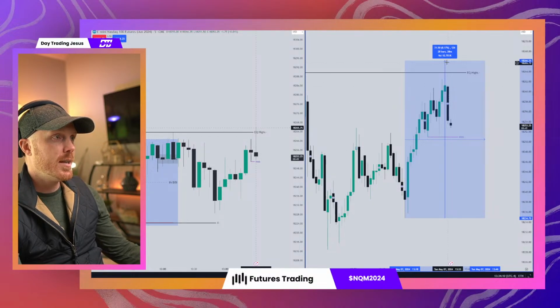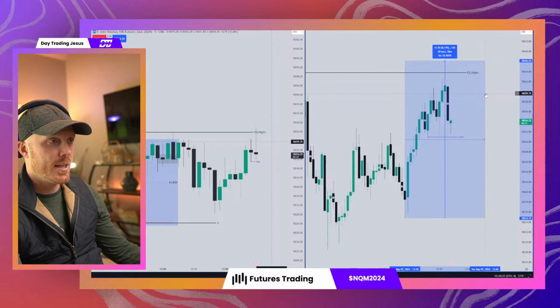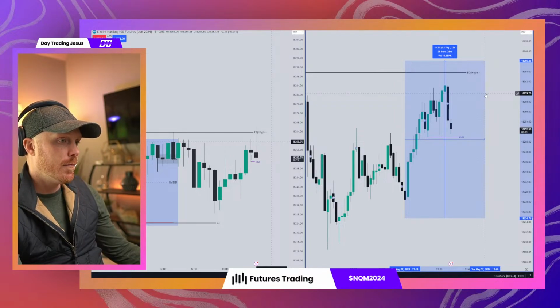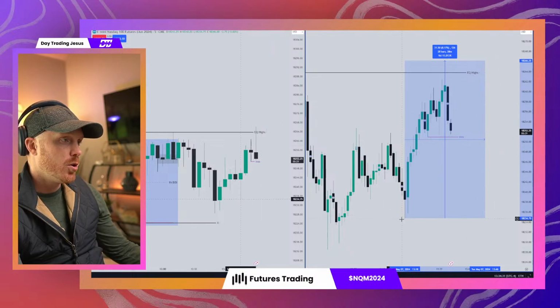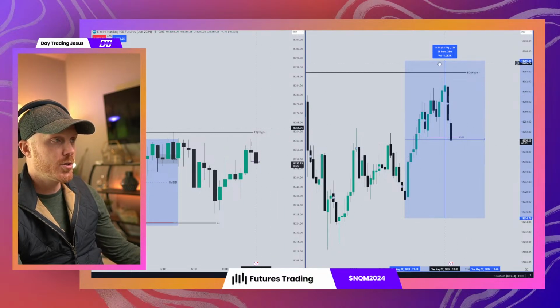Potentially, we could see price run for this low if we're in the macro before we hit 1346, which isn't in my favor because I want to wait till 1345 before I make a trade. But what you tend to see is markets are symmetrical. These price runs are symmetrical, and sometimes even the sell side runs faster.